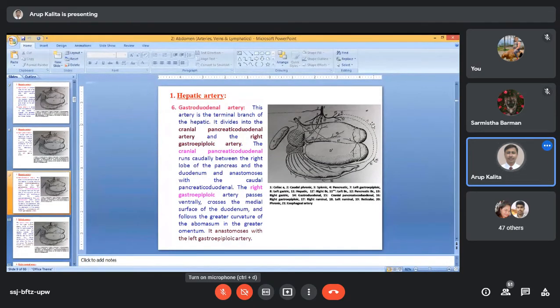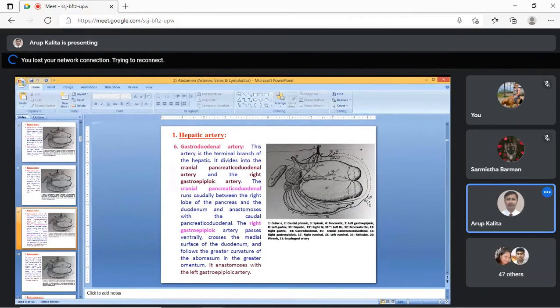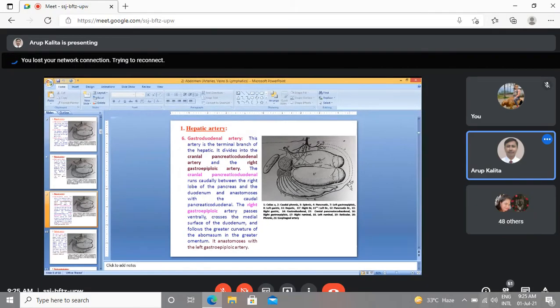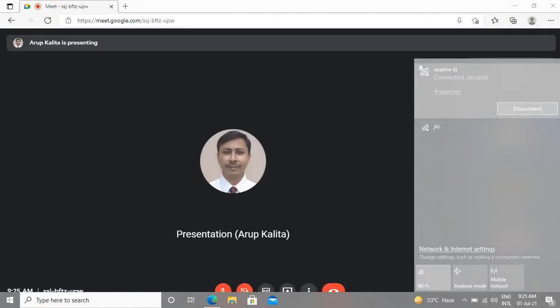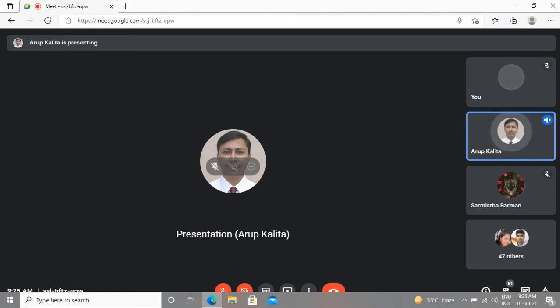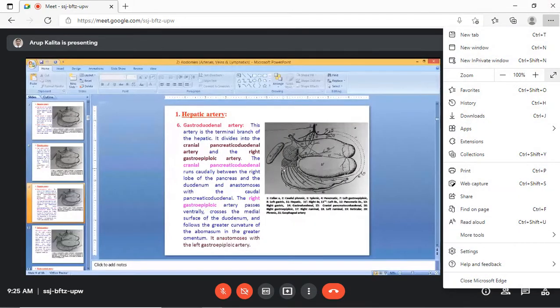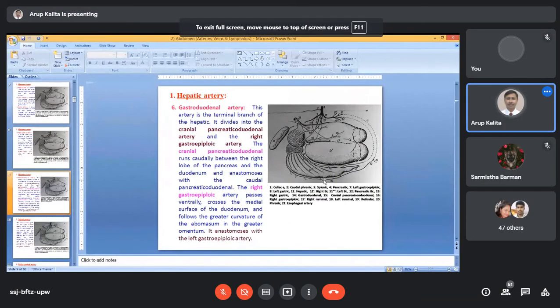Gastroduodenal is 14. Number 7, here is 7, same artery. It is the left gastroepiploic artery. They are connected.